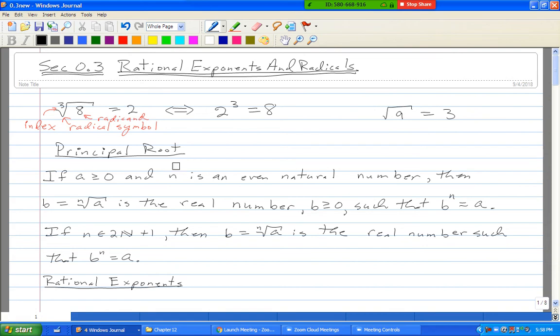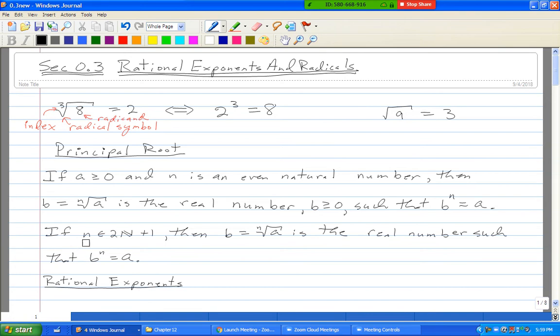The principal root is defined as follows. If a is non-negative and n is an even natural number, then b equal to the nth root of a is the real number b, greater than or equal to 0, such that b to the n is a.